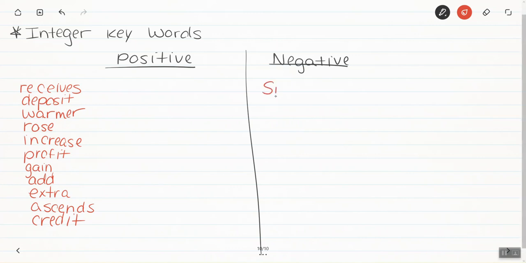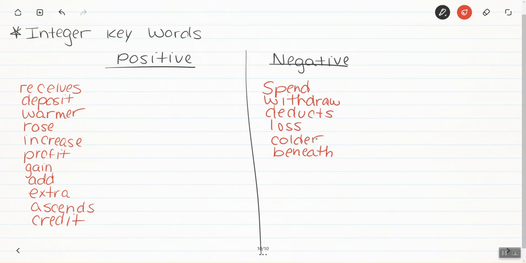Some negative words include spend, withdraw, deducts, loss, colder, beneath, change, debt, owe, write a check.